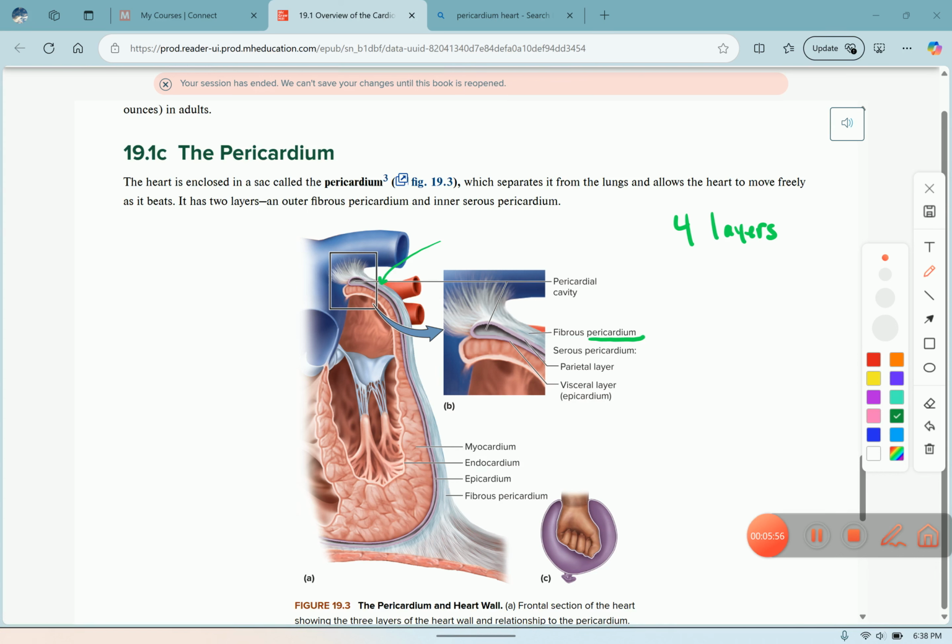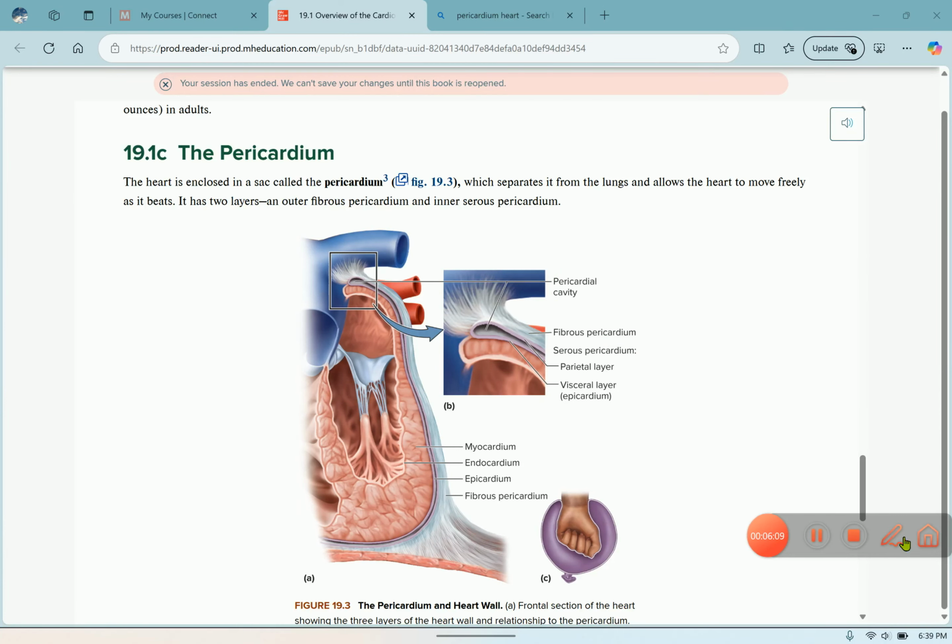There's also a space, the pericardial cavity, or the pericardial space, as you can see here. What's found in there is serous fluid. So serous fluid is found inside of that pericardial cavity.